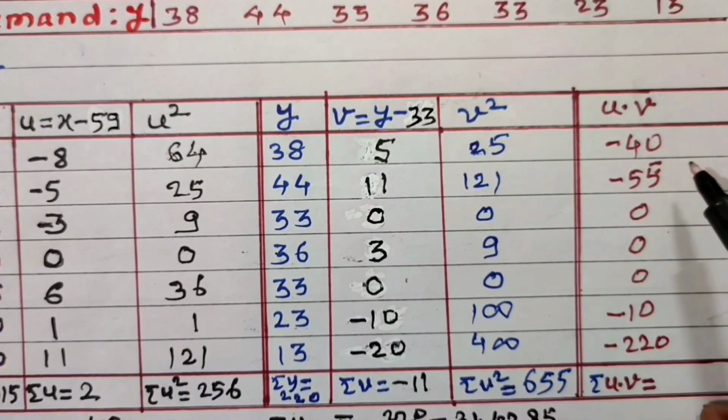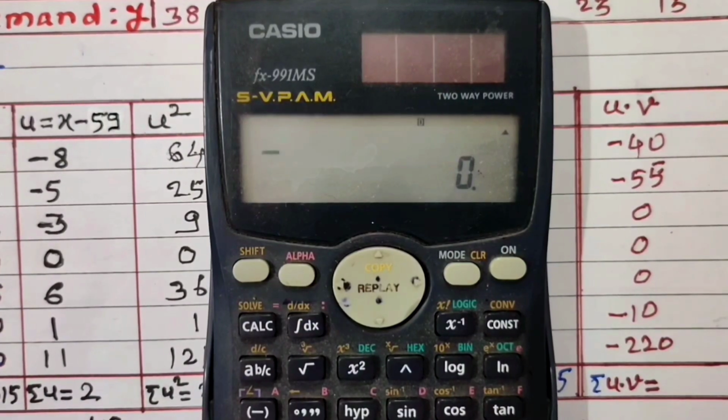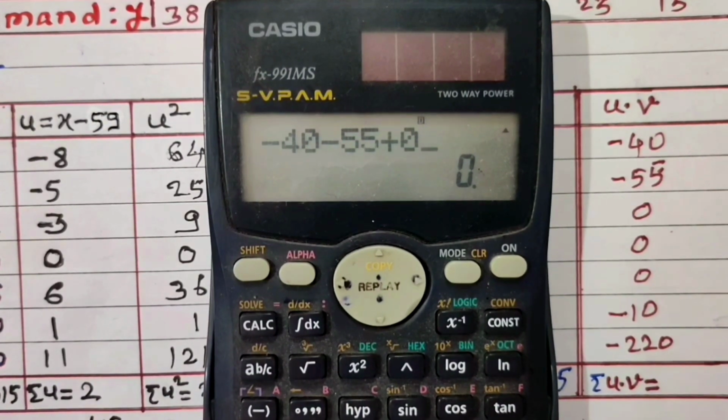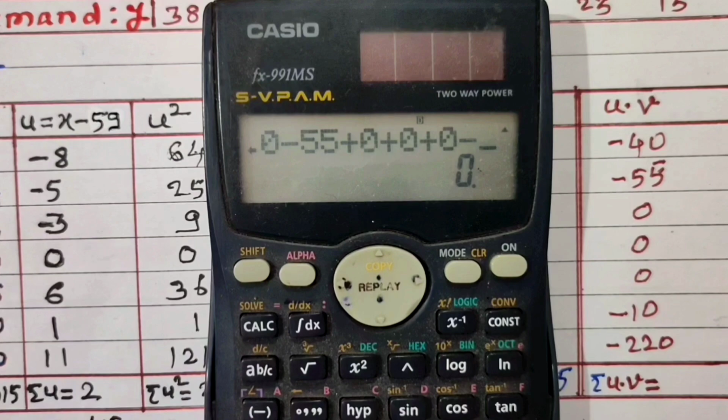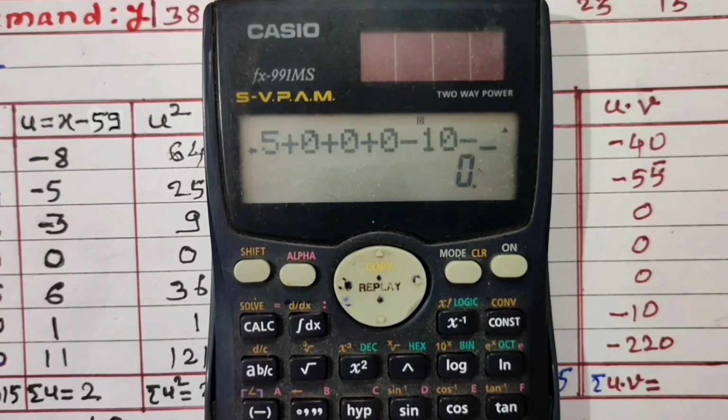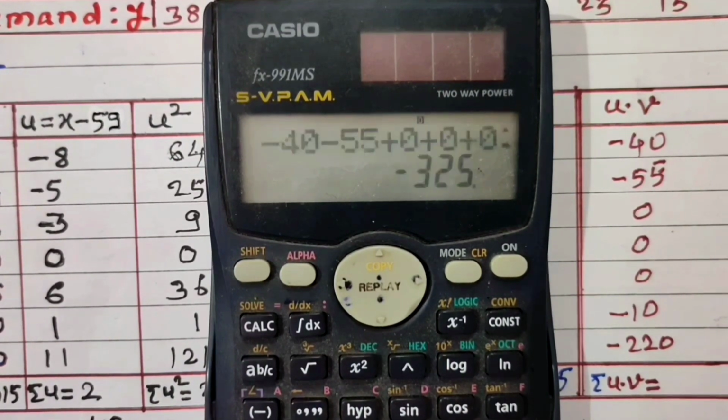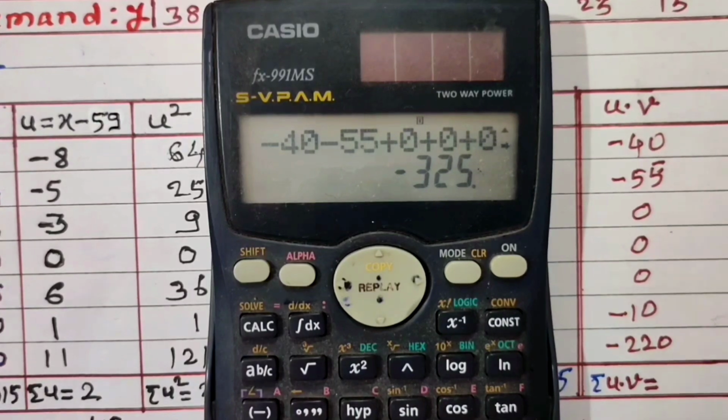Now taking the addition of all these values: minus 40 minus 55 plus 0 plus 0 plus 0 minus 10 minus 220, and this is equal to minus 325, we can put here.